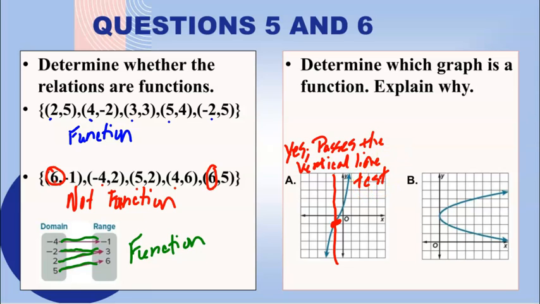And if we look at the one on the right and I draw a vertical line, let's say I drew it here. It crosses in this place and this place. Since it crosses in more than one spot, no, this is not a function. It fails the vertical line test.